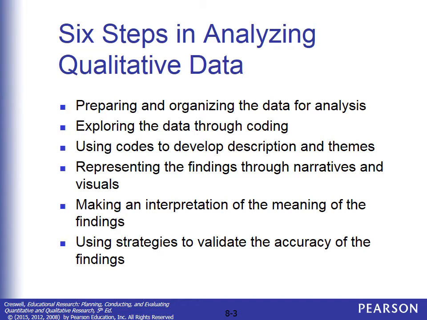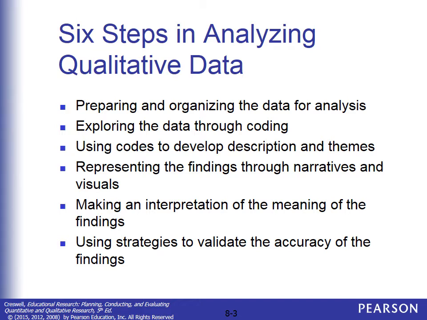But basically, the process begins with preparing and organizing the data for analysis, engaging in initial exploration of the data through the process of coding it, and we'll talk about what coding means, so don't worry if you're not familiar with the term.